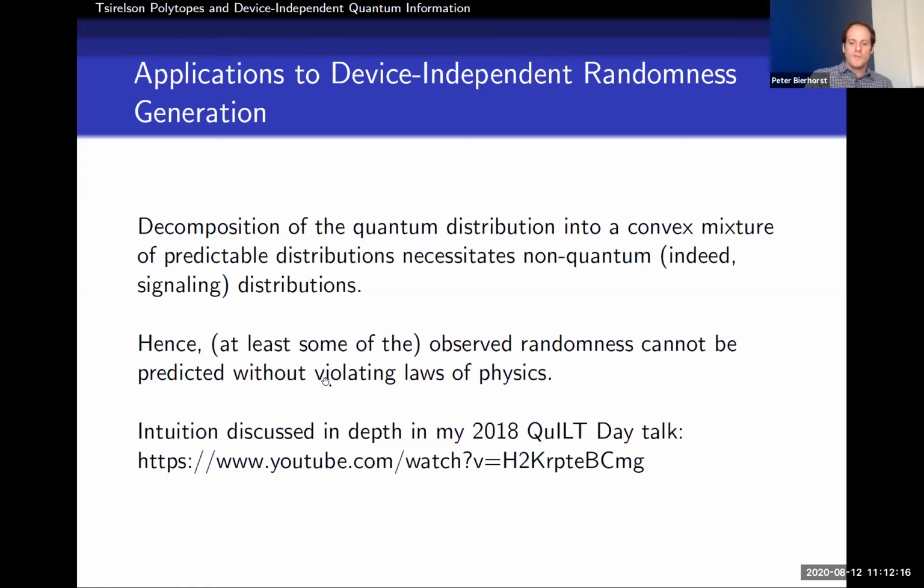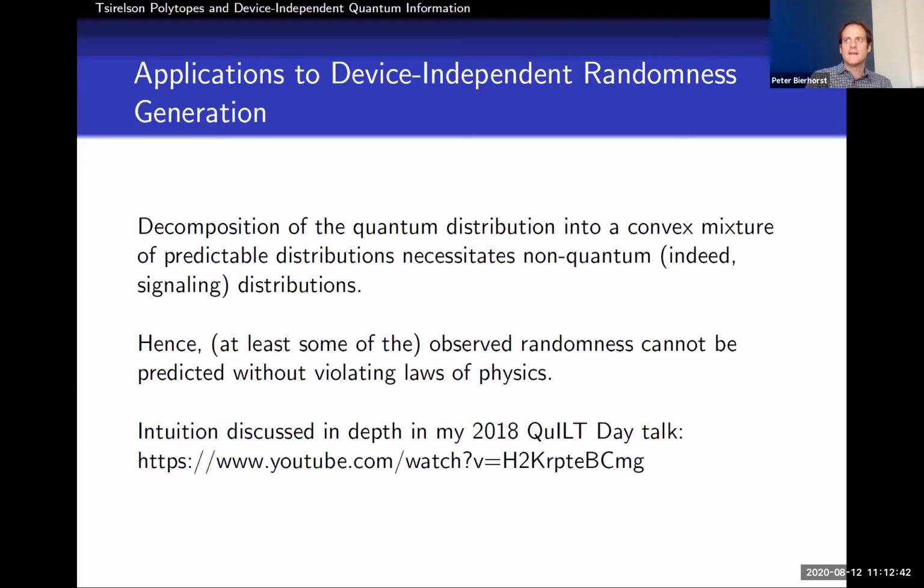And so having this certifiable randomness can be very useful. What was important about getting this polytope approximation to the quantum set was that it helps us better find these functions that witness the amount of certifiable randomness. I'm not going to go into my next slides because I want to leave some time for questions.